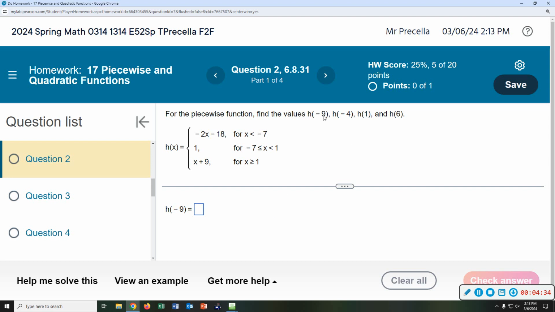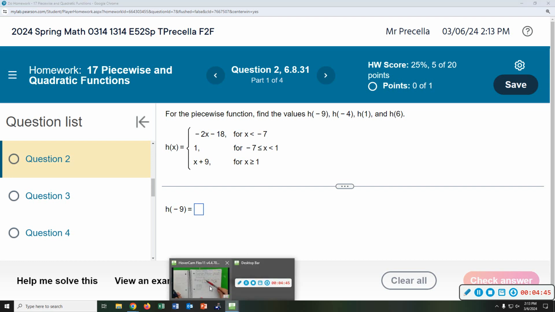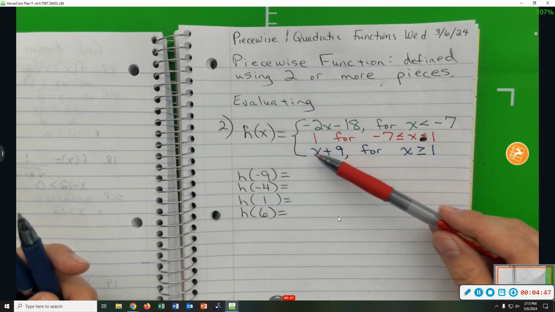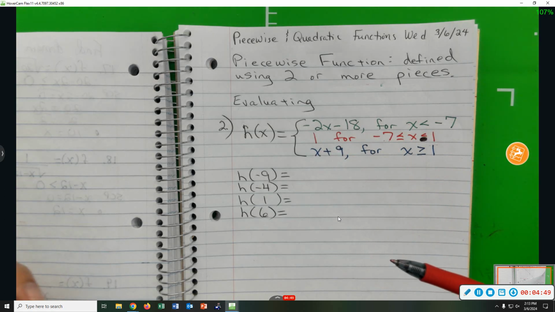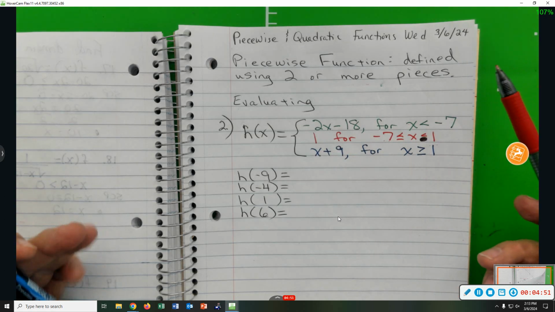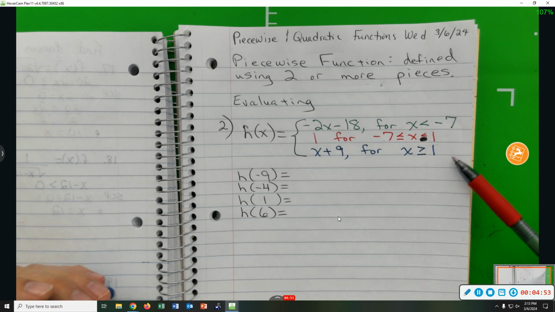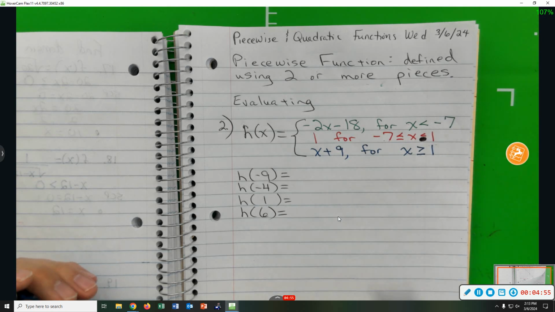Last time we said you take the number in the parentheses and plug it in for x. There's an added wrinkle here. You can't decide to plug in negative 9 for every one of these x's, because then you're going to be getting two different y values. You can only get one y value. You have to decide which piece you're going to use.